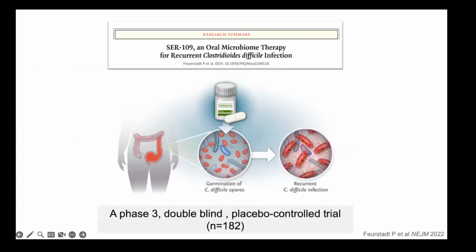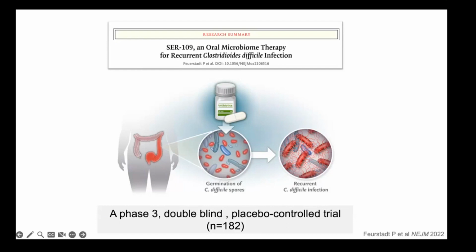This was a phase 3 double-blind placebo-controlled trial that assessed the efficacy of SER-109, which is an investigational oral microbiome therapeutic made up of live purified Firmicutes bacterial spores. And you may be thinking to yourself, why are you saying just Firmicutes spores? What's exactly in there? Of course, this is a proprietary product. So all we know is that it's some sort of Firmicutes consortia, or spores of the Firmicutes consortia.